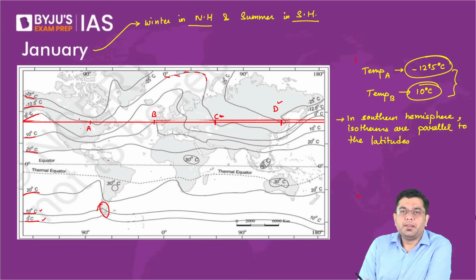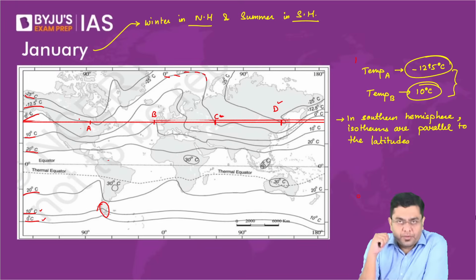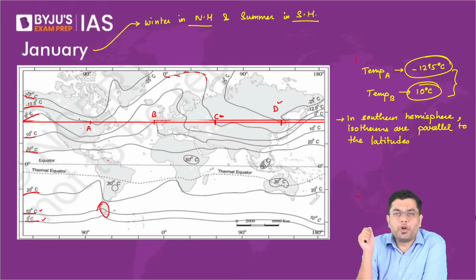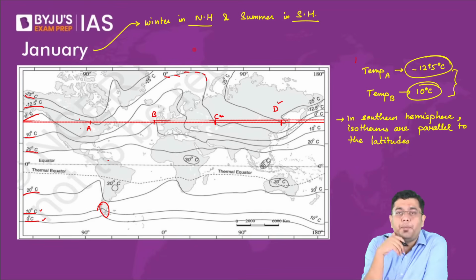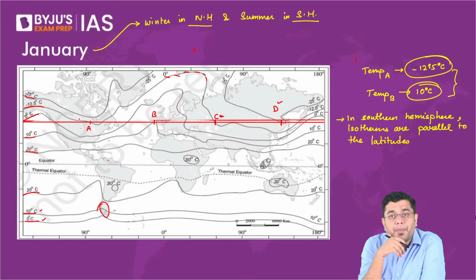Can we say that during the winter months, if you draw the isotherm, whenever you come across a water body, the isotherm moves polewards? In all these isotherms, you will observe that as soon as they come over the water body, they bend polewards. Why?